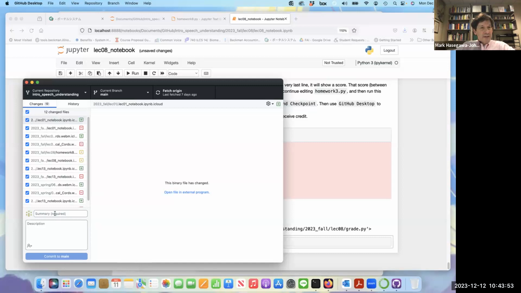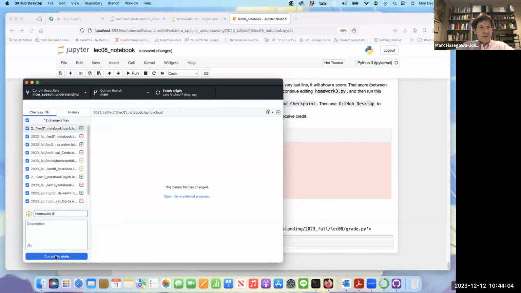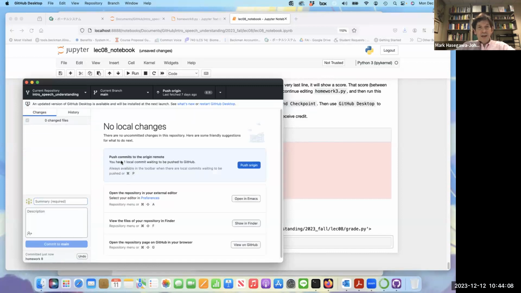And then we have all of these changes. I don't know why I have so many changes, but the most important change is homework 8. So I'll write that homework 8 is the reason that I changed, and then commit this to main, and then push commits to the origin remote.